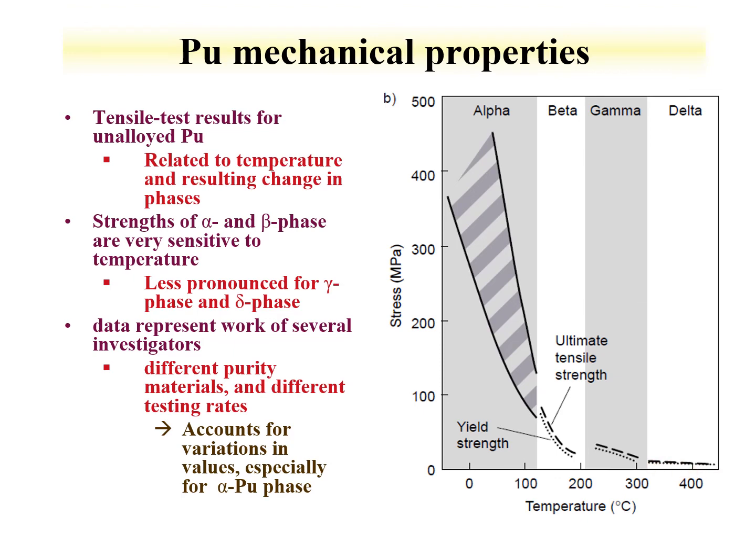Now, the ranges are fairly wide, and this is a compilation of different work, so there might be some variations in the behavior and properties of the materials, particularly for the alpha phase plutonium. That's why we get such a large range.